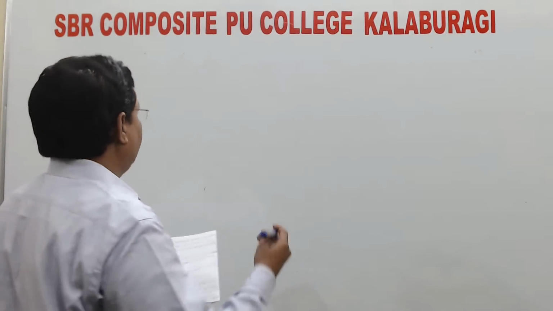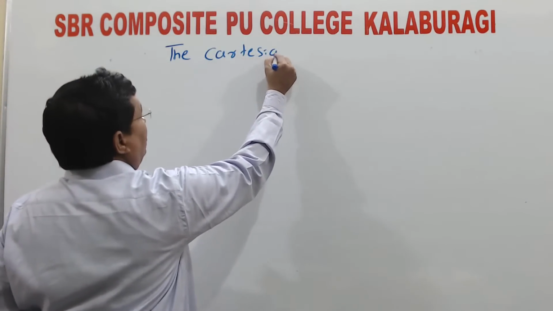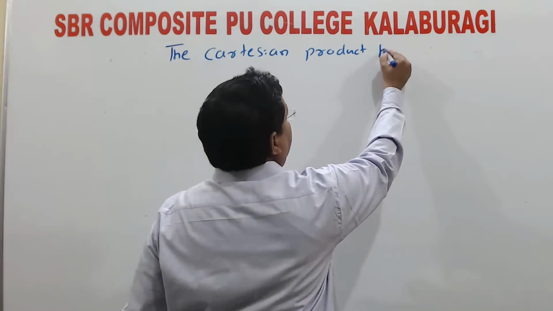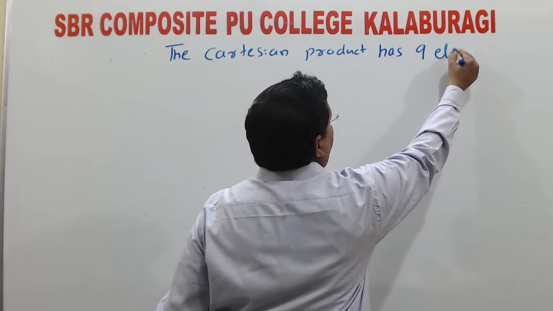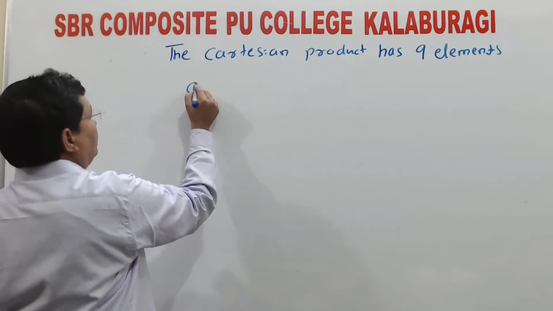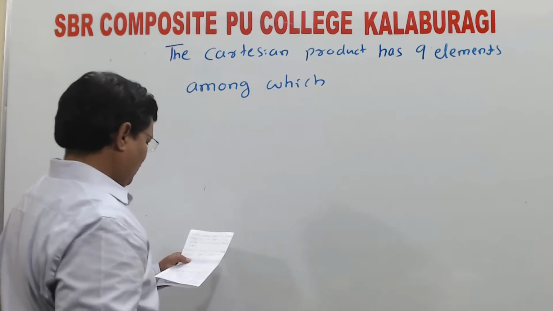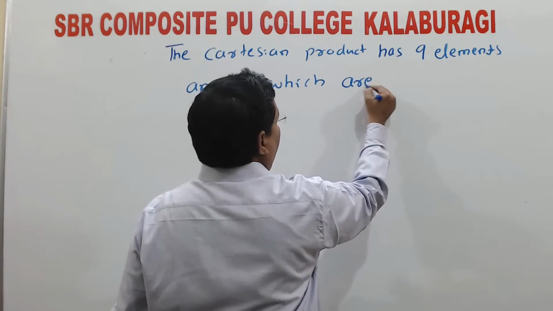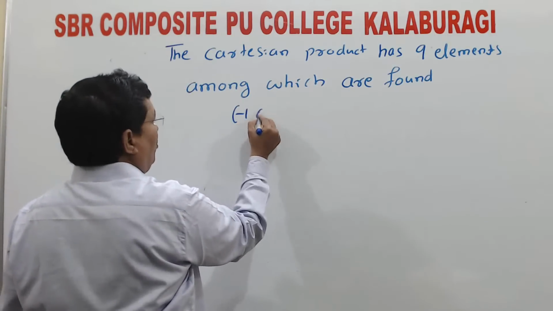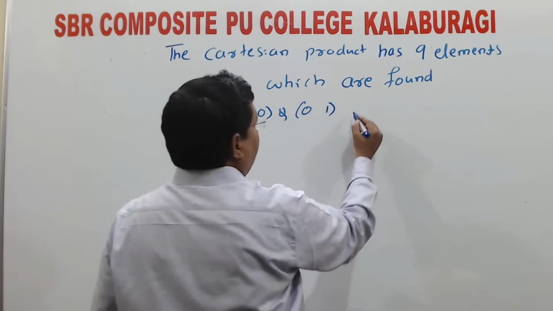Next question. The Cartesian product A cross A has 9 elements, among which (-1, 0) and (0, 1) are found.